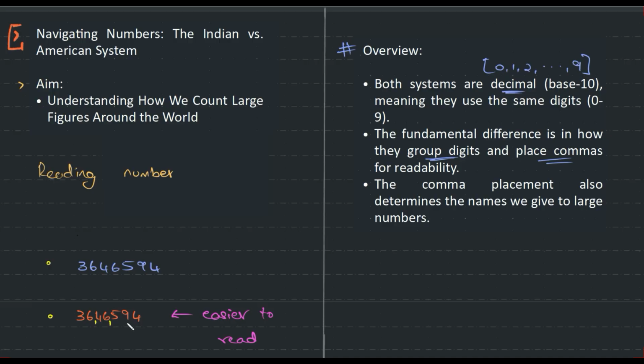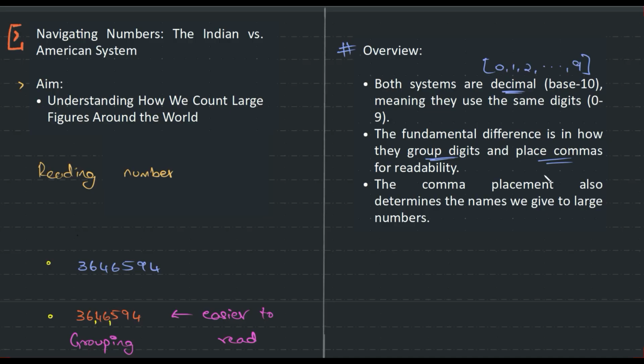We put a comma. By putting a comma, we grouped them. By grouping them, our head is able to get the right idea of what exactly the place values are. So by putting commas, it's easier for our brain to comprehend what the place values are.